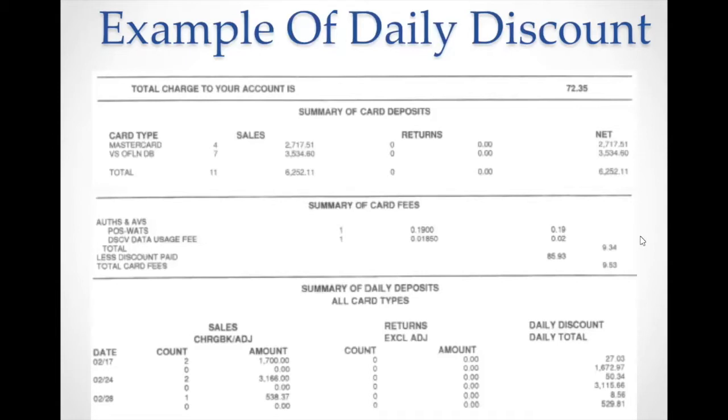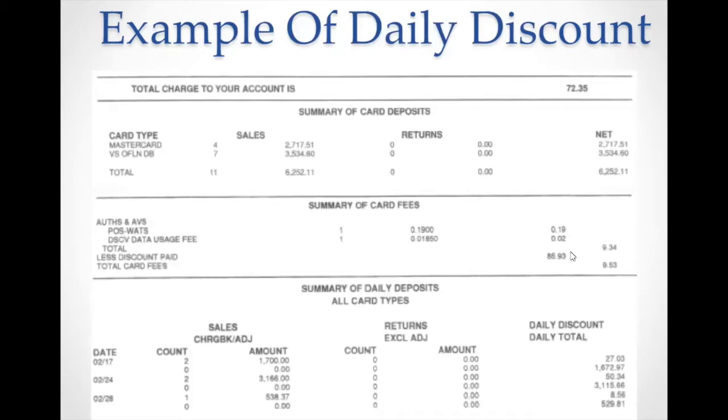So if you walk into a business and you do the math on effective rate, which we're going to go over, and the number seems too good to be true, or you have somebody that's running $20,000, but they only paid $150 in fees, if it's too good to be true, they're on daily discount.